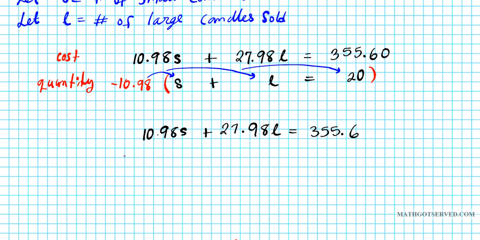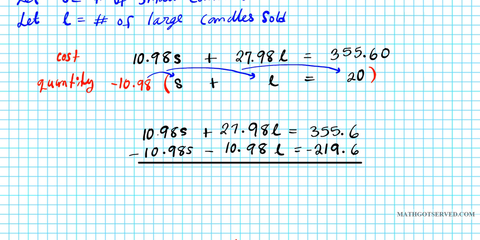So that gives us negative 10.98S minus 10.98L equals, if you multiply 10.98 by 20, negative 219.6. You can do that with your calculator. Now, combine downwards. What happens?